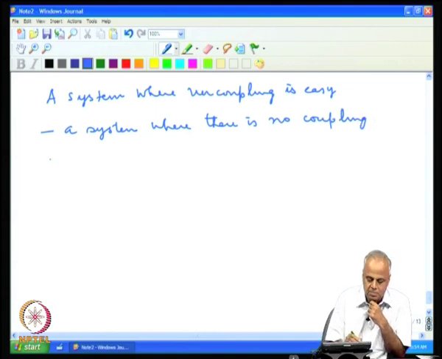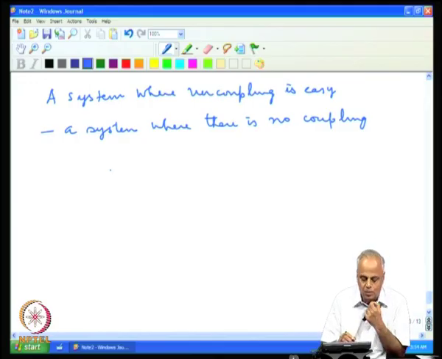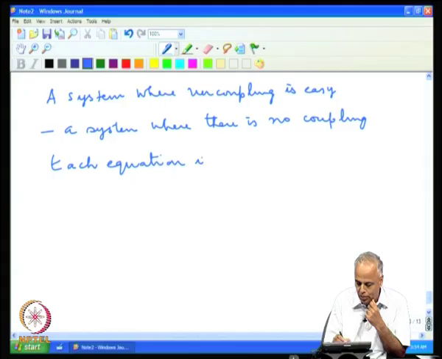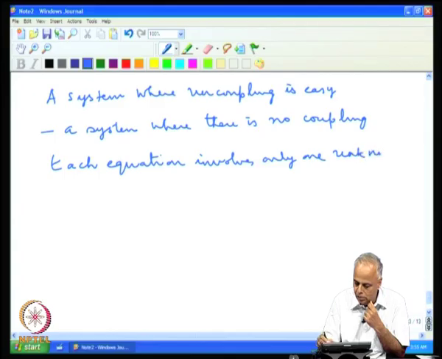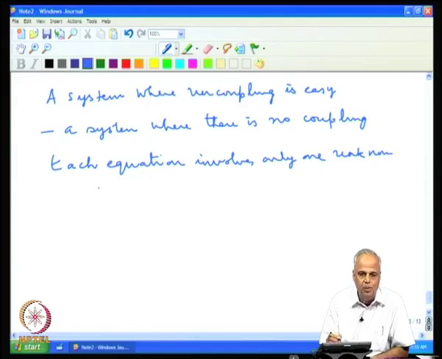What is such a system? Such a system, each equation involves only one of the unknowns. Okay. So, each equation involves only one unknown. Let us look at the simple situation where the first equation involves the first unknown, second equation involves the second unknown, and the nth equation involves the nth unknown.